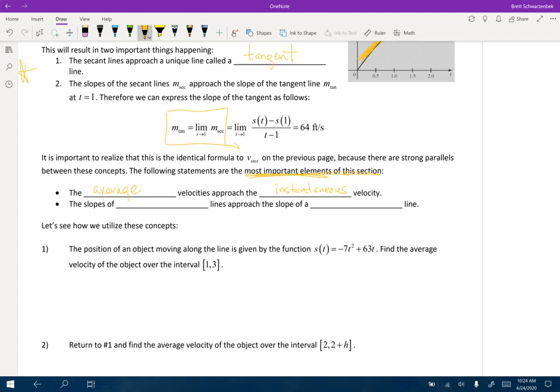They're slopes of secant lines. So analogously, the slope of the secant lines will approach the slope of the what line? Well, what's analogous to instantaneous velocity? The slope of the tangent line. So right here is basically the summary of the entire section. Those are the things that are important.